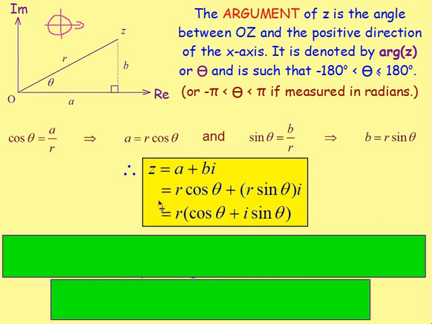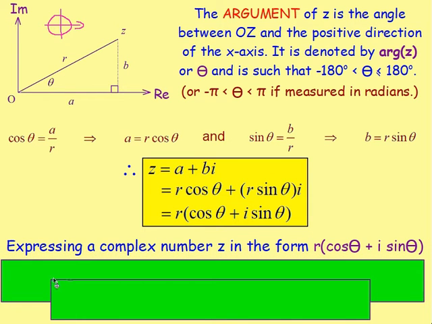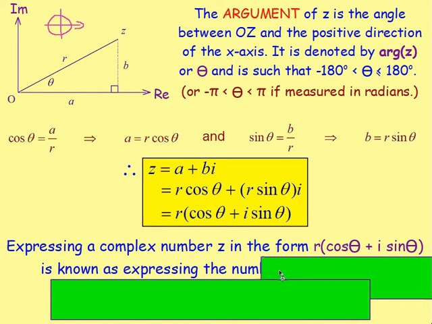This form is one that you need to be familiar with. If you express your complex number z, a plus bi, in the form r bracket cos theta plus i sine theta, it's known as expressing your number in polar form.